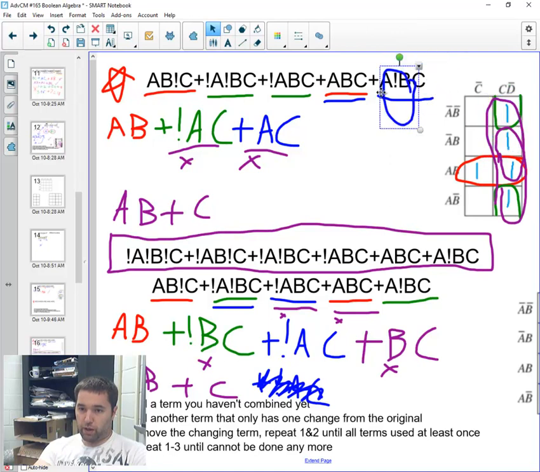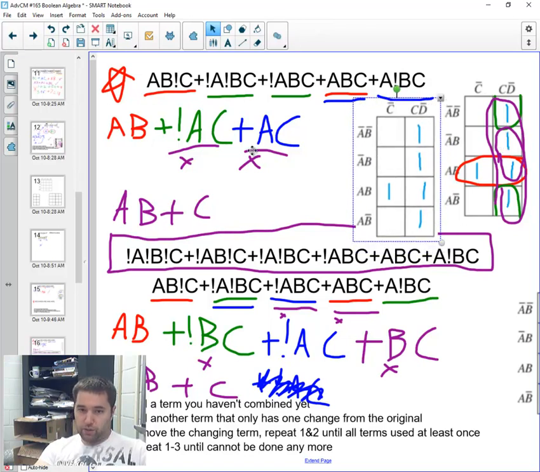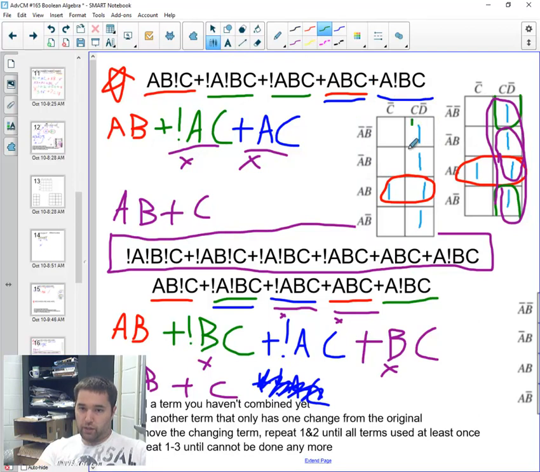Where the small purple and green are now the big purple. Realize to get this correct with this solution, I drew the red circle AB, the green circle not AC, and the blue circle AC. And then I combined blue and green to get purple.